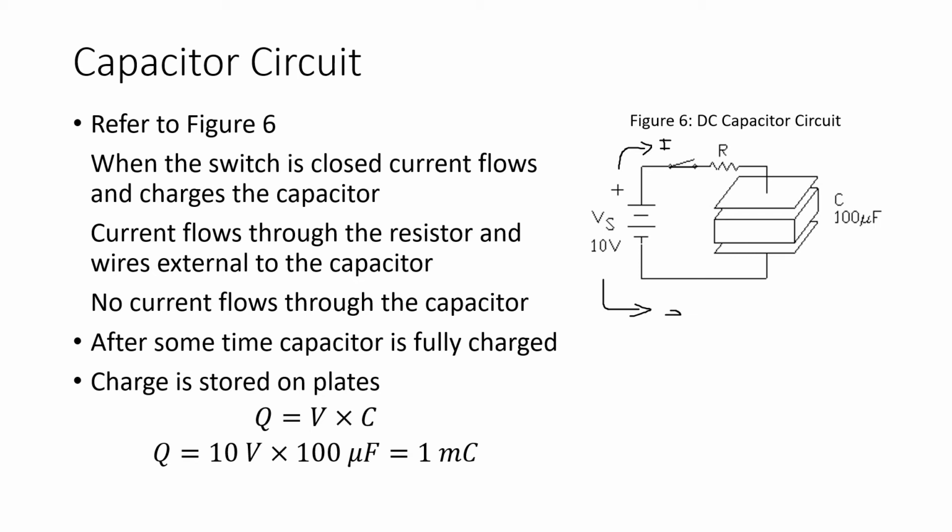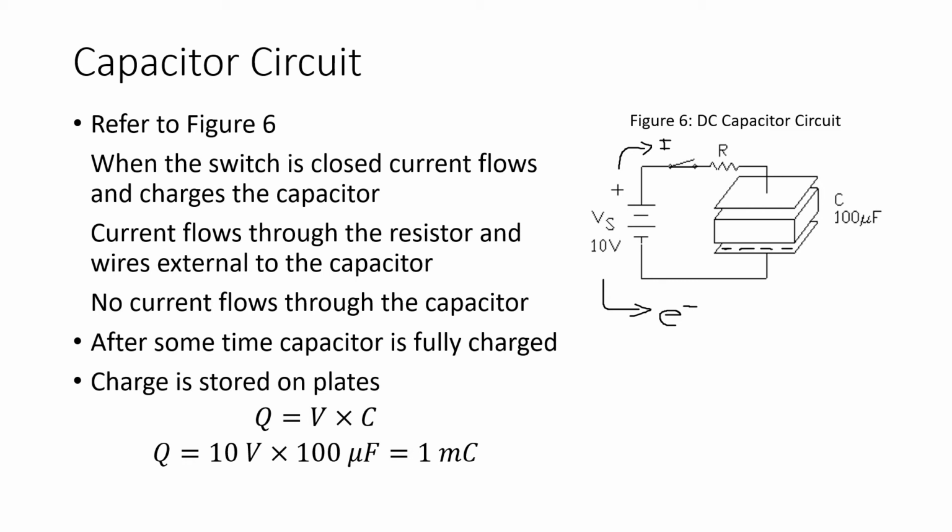So when we close the switch, electrons are going to leave the negative terminal of the source and flow around the circuit, and these electrons are going to build up on the lower plate as shown. I signify these with a series of negative signs showing us that this plate will now have a surplus of electrons.